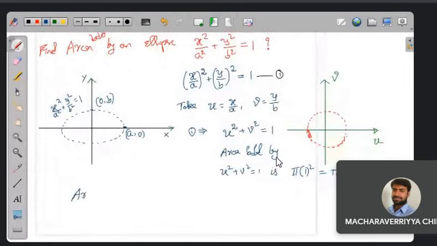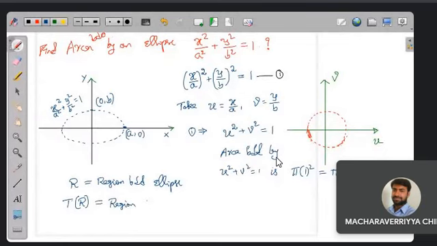So now let me mention here, our region R in the xy plane is nothing but the region bounded by the ellipse. Whereas after applying the mapping, let me assume this is the mapping we applied, need not be a linear transformation, after applying the transformation, this T of R becomes the region bounded by the circle.